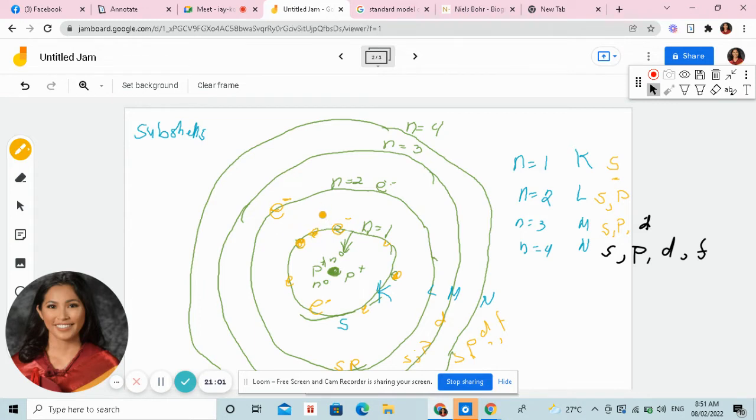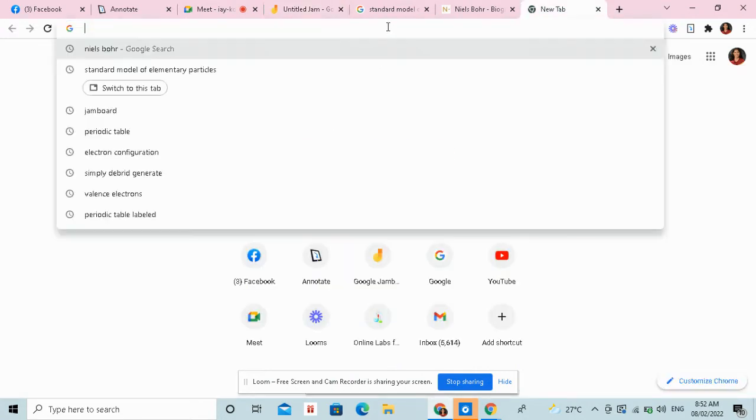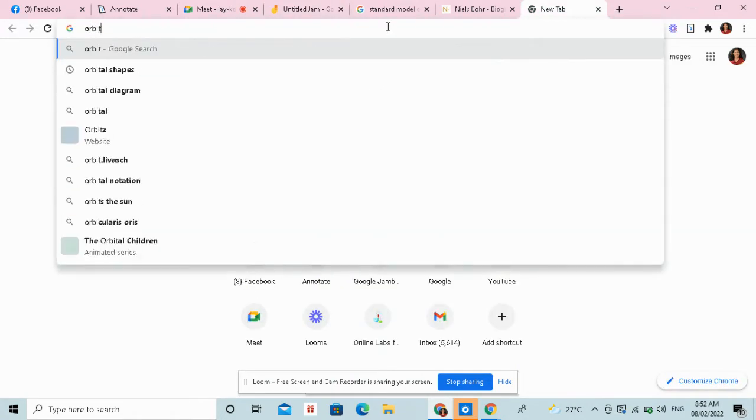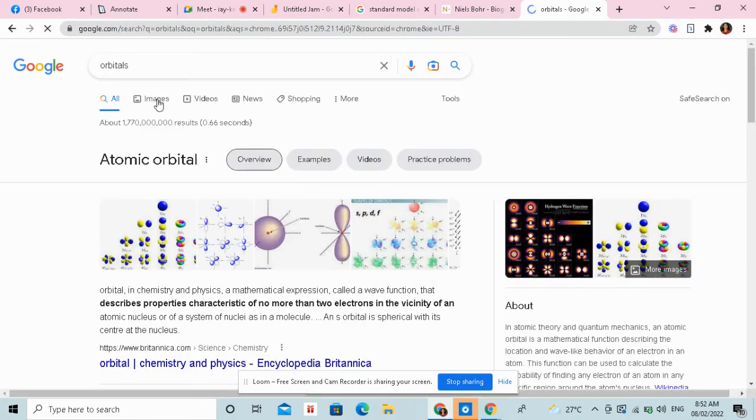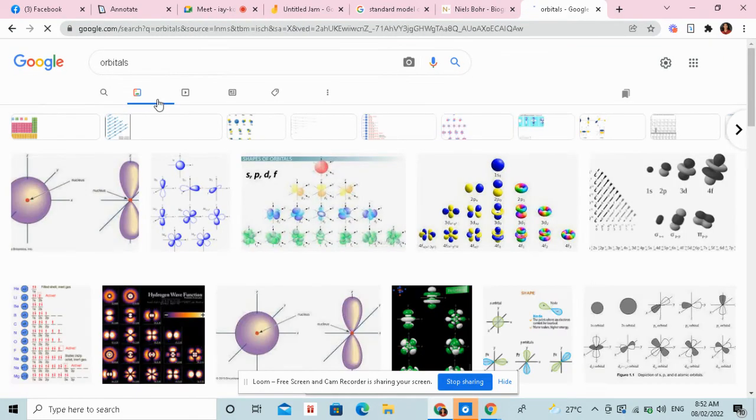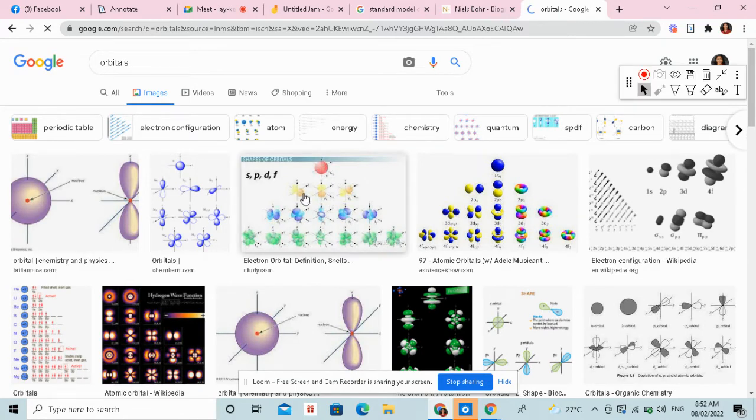So, orbital is the position or the region of your subshell, for example S, where we can find most electrons. So we have those orbitals, and they have different shapes.